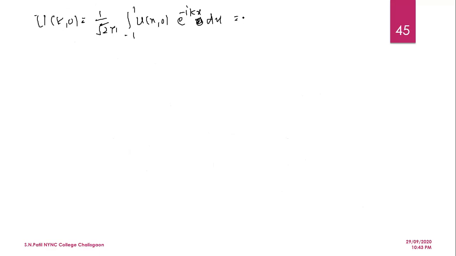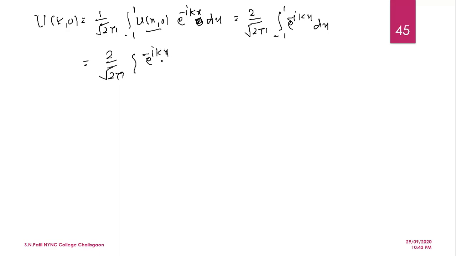Its value is 2, which is a constant. So only integration from minus 1 to 1 of e raised to minus ikx dx remains. Now simplify: 2 upon under root 2 pi times the integration, which is e raised to minus ikx divided by the derivative of minus ikx, that is minus ik, with integration limits minus 1 to 1.